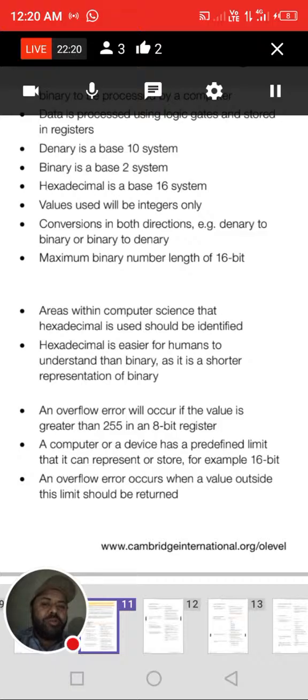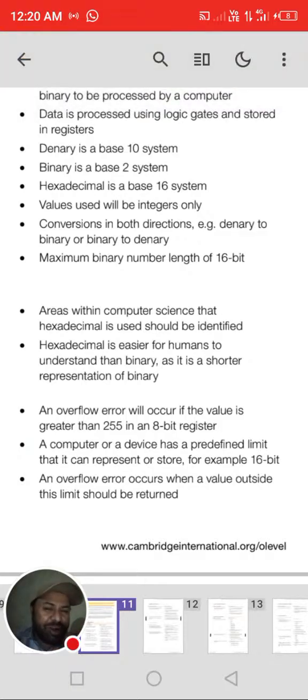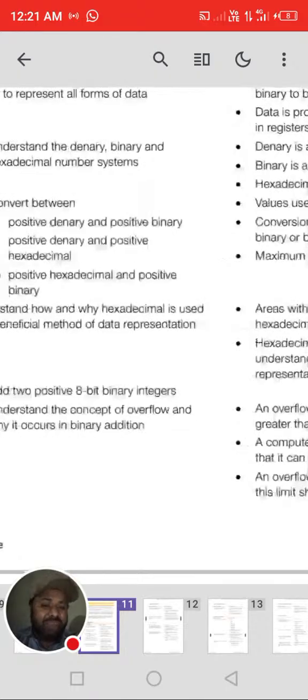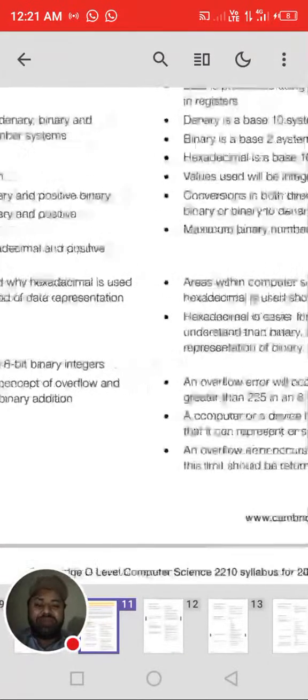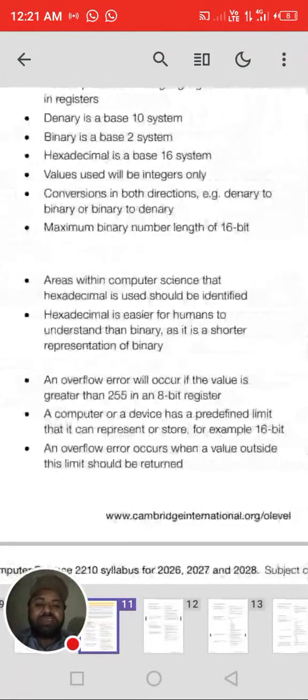I hope it will clear a few concepts, and if you are preparing for your exam, I think this brief introduction will help you as well. Then convert between positive binary and positive hexadecimal, which is base 16.